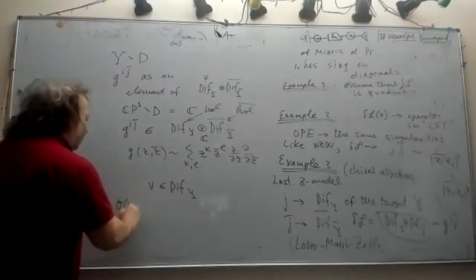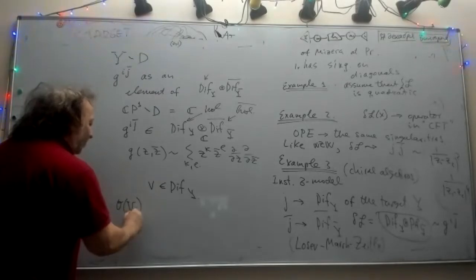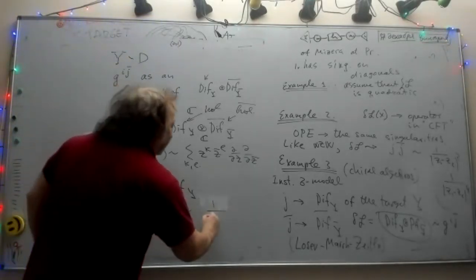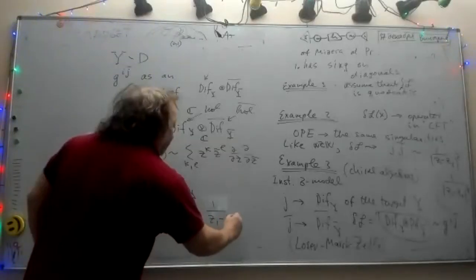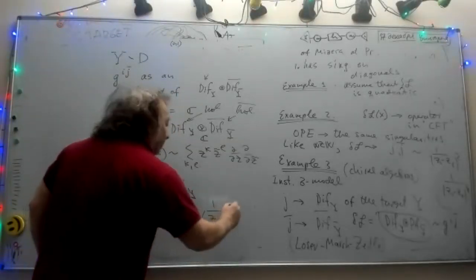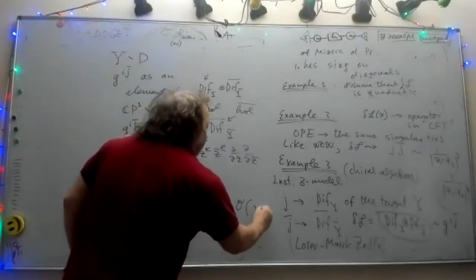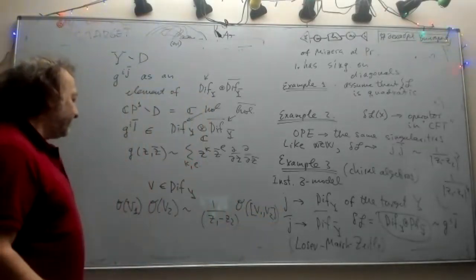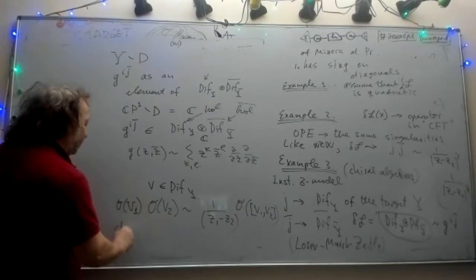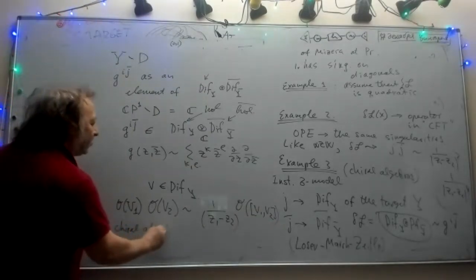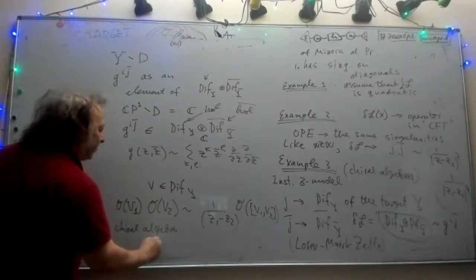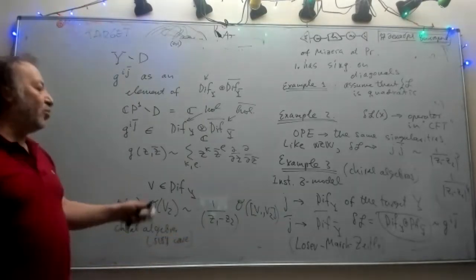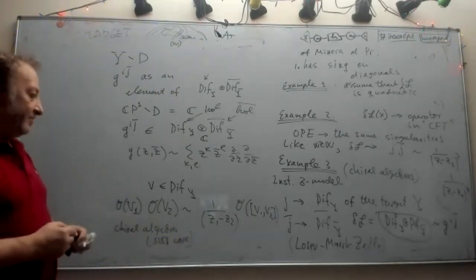Then there is an observable O of V, and it goes like this: O of V1, V2, commutative. So this is the chiral algebra. It's called the supersymmetric case. There is also a pure bosonic case, but I consider this.